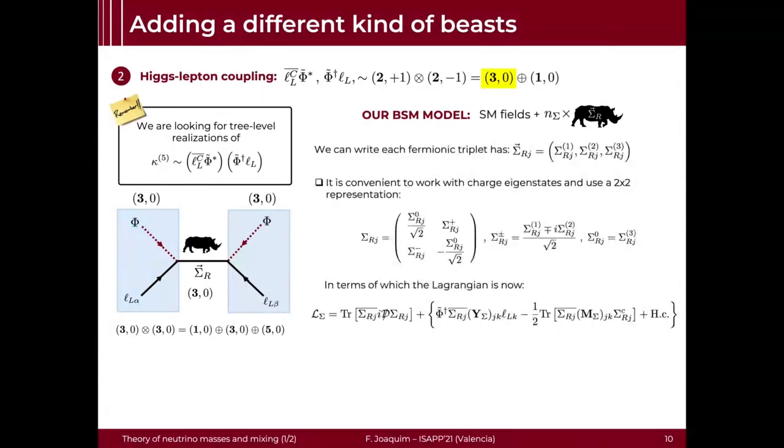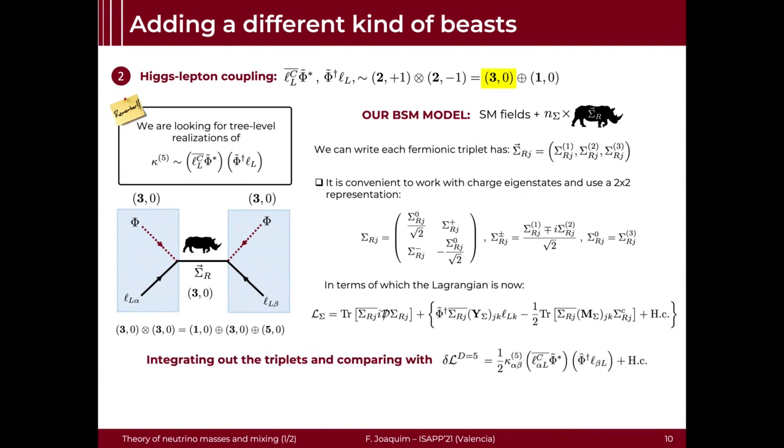It is also convenient to use the SU2 writing of the triplet. You write the Lagrangian. Now you have to be careful because the covariant derivative, of course, is not as trivial as in the case of the singlets, because the triplets do not transform trivially under SU2. Then you have the interactions of the triplets with the standard model lepton doublet and the Higgs doublet, and then you have a mass term for the fermionic triplets.